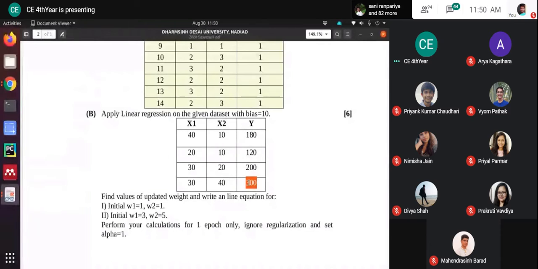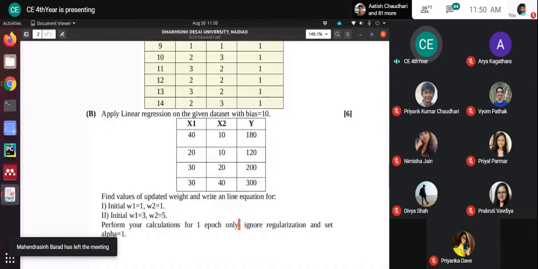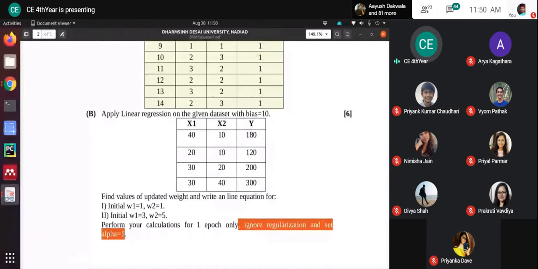And this instruction, that is ignore regularization and set alpha to 1, was missing in the original paper. Though I provided that instruction later in the classroom, it's fine if you missed this particular instruction and chose your own alpha value. If, based on that, you performed the calculation, I have checked your paper accordingly, and if the calculation is correct, I am going to give you marks for that.